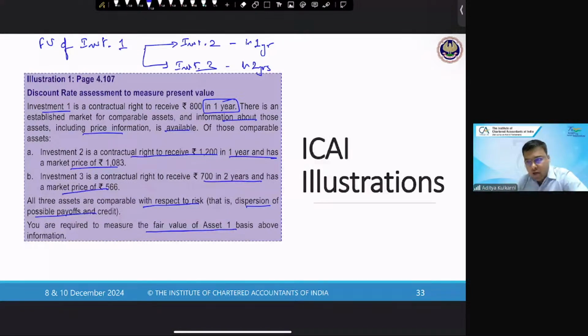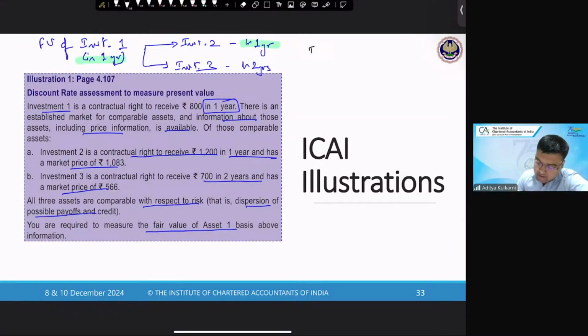Investment 2, sir. Everybody is okay? Nisha, you're okay with that? Pooja, Mamta? You are supposed to receive this amount in 1 year. So that is why investment 1 and investment 2 are comparable.